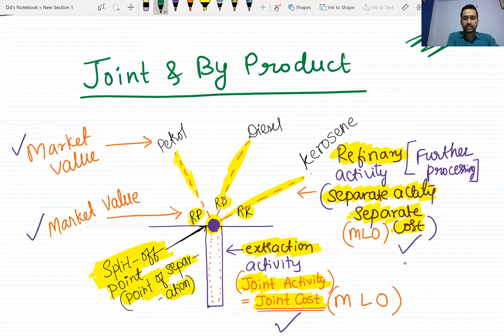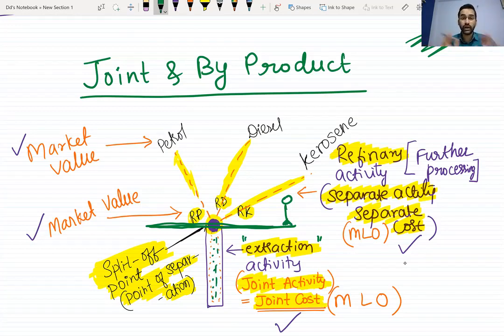Suppose we are doing extraction activity. This is the ground level, earth level. We are standing here, and we are doing extraction activity. Now, when I'm doing extraction activity, is it a separate activity for raw petrol, raw diesel, raw kerosene?